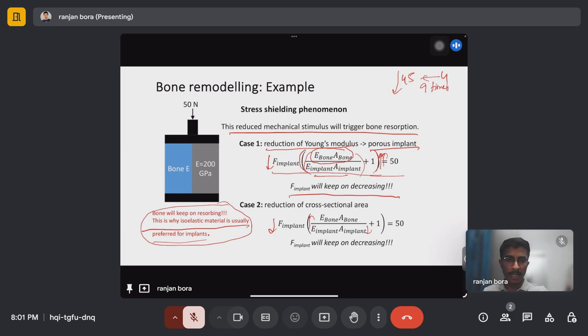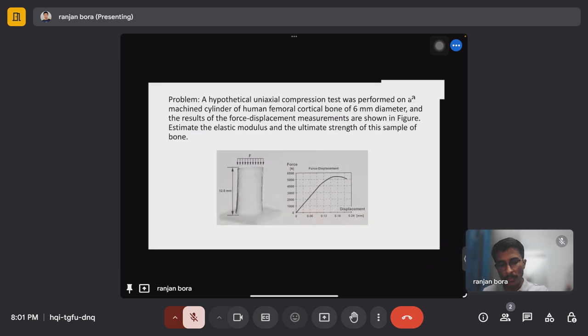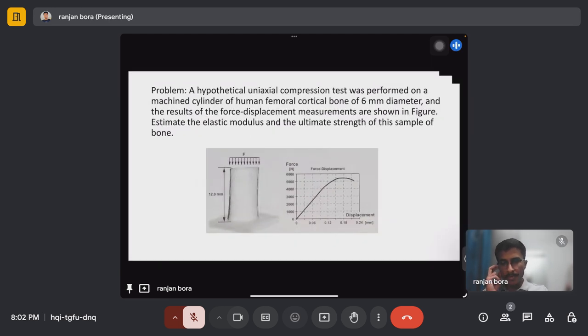We use that material in our implant. Next, I will solve some problems related to failures in bone and stress and strain.